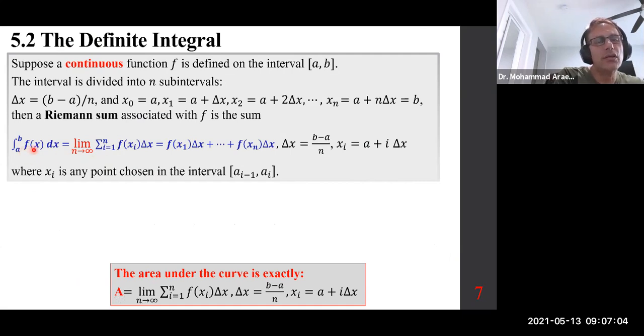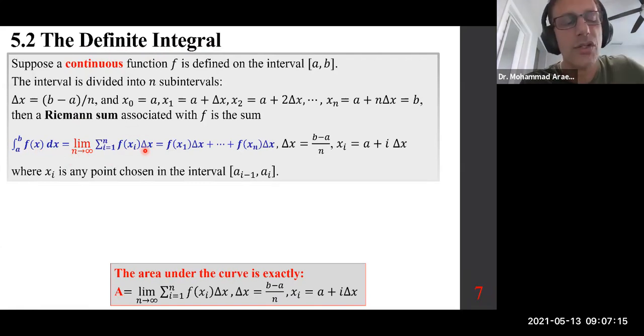So the integral of a to b f of x dx, which is called the definite integral, by definition is equal to the limit of the summation of f of x sub I delta x, as I goes from 1 to n, as n goes to infinity. This is by definition, where delta x, by now we know, is b minus a over n, and x sub I is a plus I delta x. This is one way to do it, using the right endpoints.